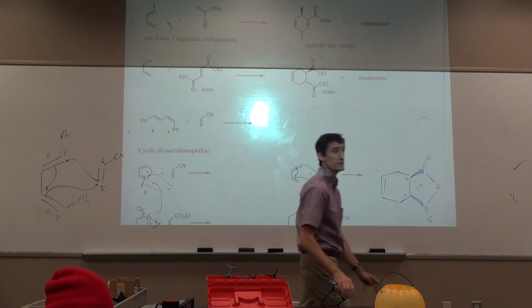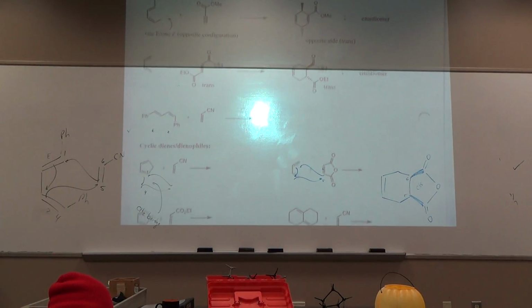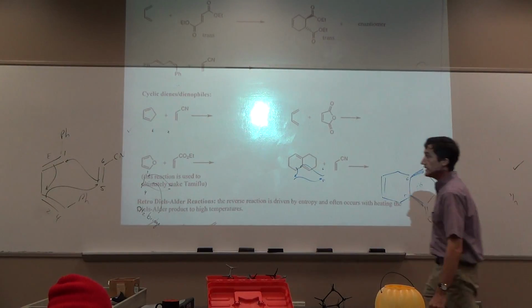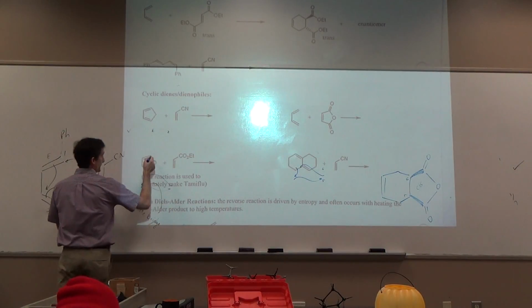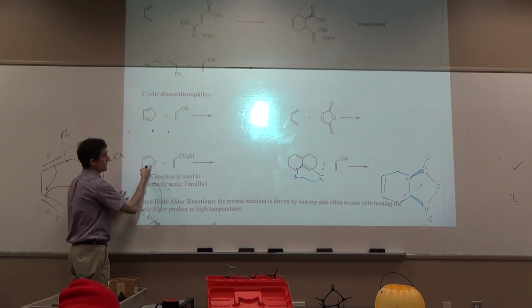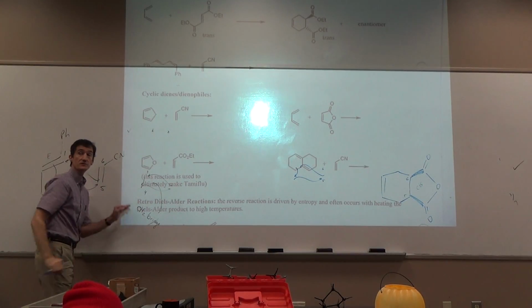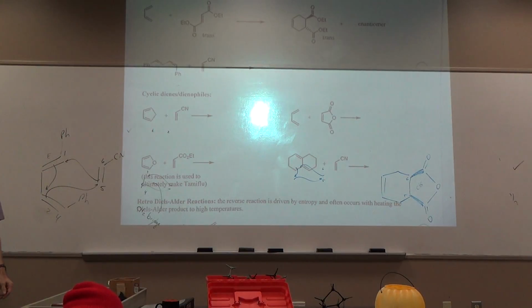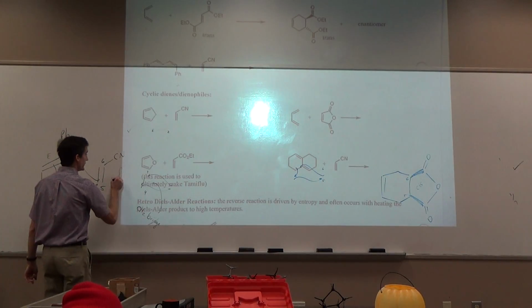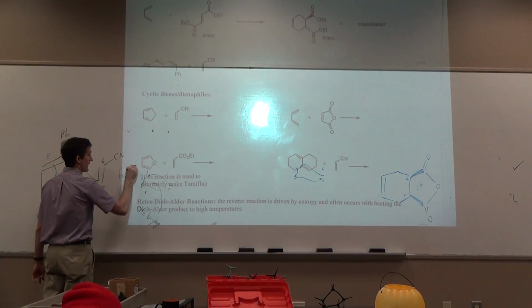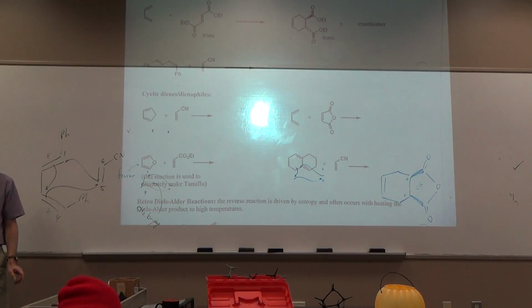So there's an example of the dienophile having a ring. Hopefully, it's just straightforward once you see it. Over here, what is this? This diene has a bridge, but it's not a CH2 bridge, it's just an oxygen bridge. This is actually called furan. It's actually an aromatic.